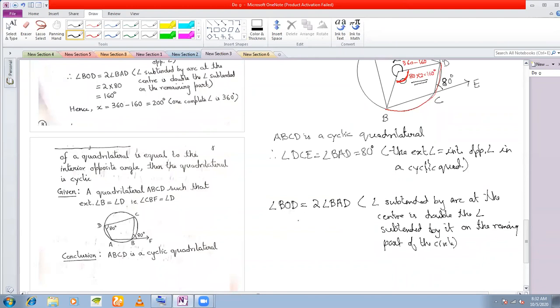So this is 2 into 80, which is 160 degrees.